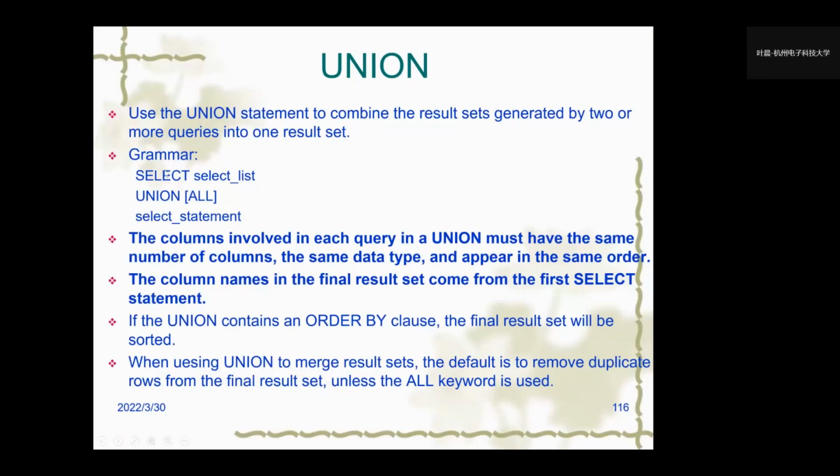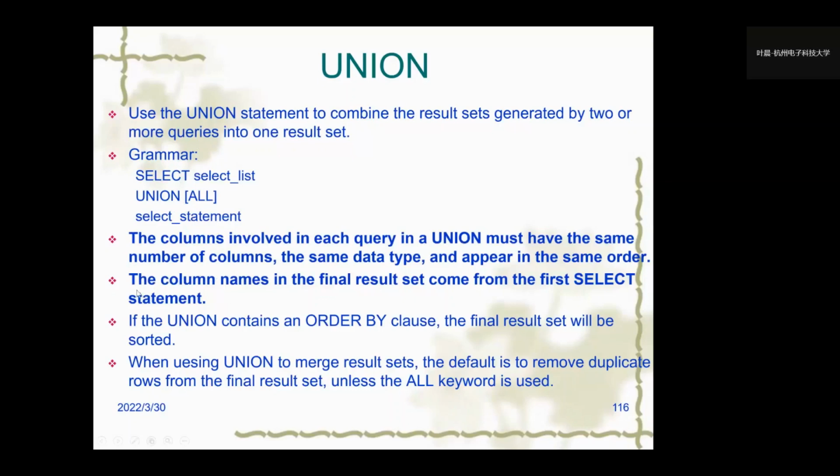If you want to union the results from two select queries, the columns involved in each query in a union must have the same number of columns, the same data type, and appear in the same order. So you can just union these two sets of query results together.